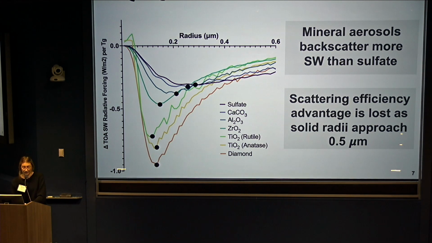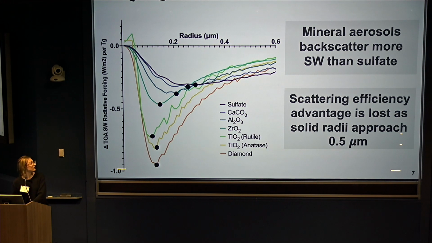However, as you get into larger radii or larger particle number size distributions, this scattering efficiency advantage is lost. Diamond at like 0.15 microns in radius is like 3 times better than sulfate. If you go to 0.5 microns or a micron-sized particle, it's a worse scatterer than sulfate.